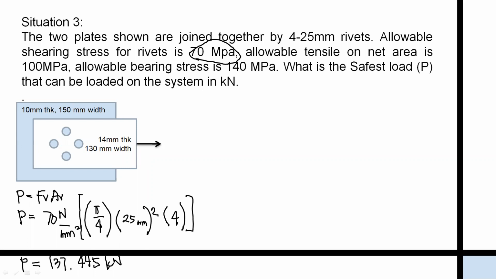Okay, next, I think we consider the net area. As you can see, we have four bolts here. Let us identify the bolts as A, B, C, and D. You can have a net area there, a net area here, and also a net area here.